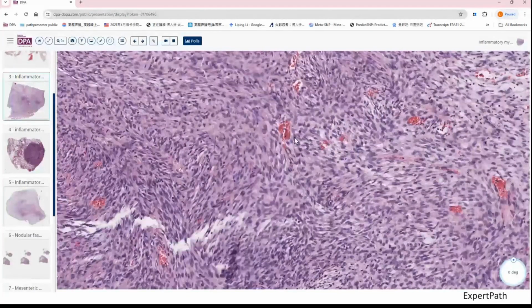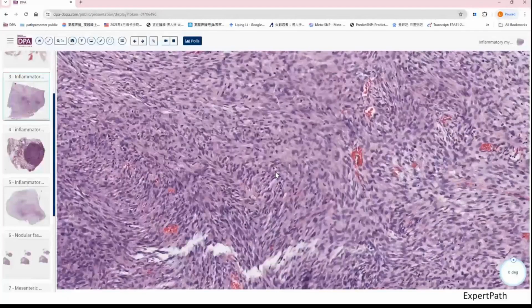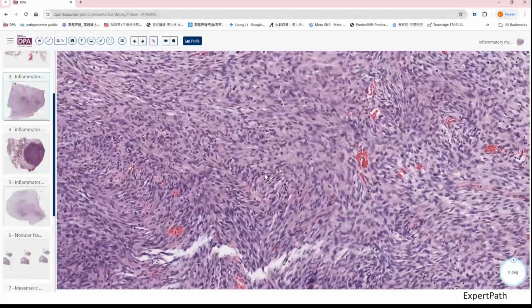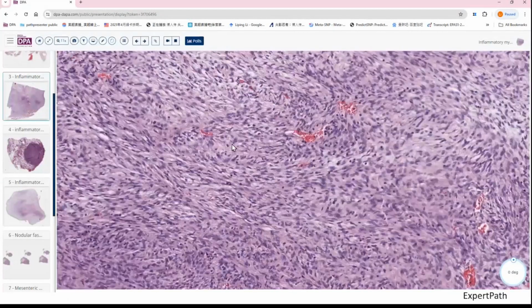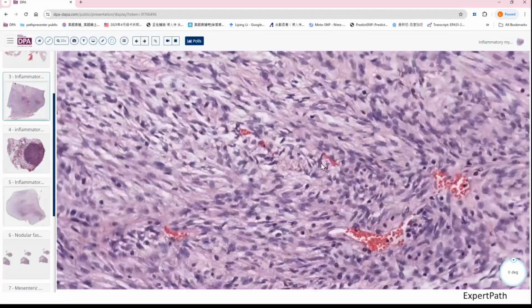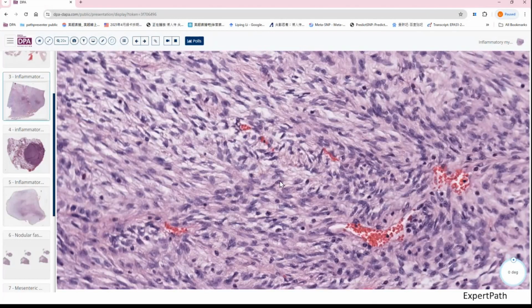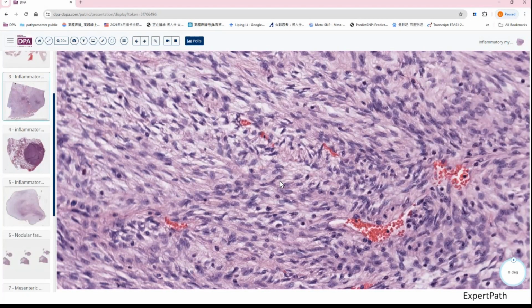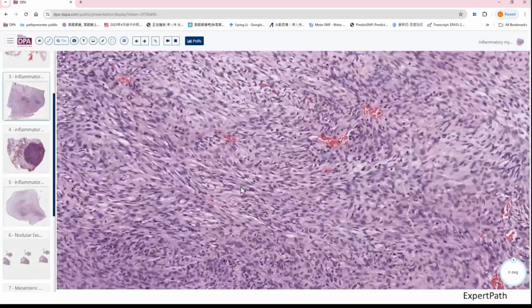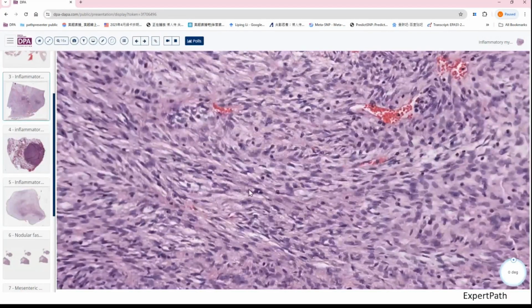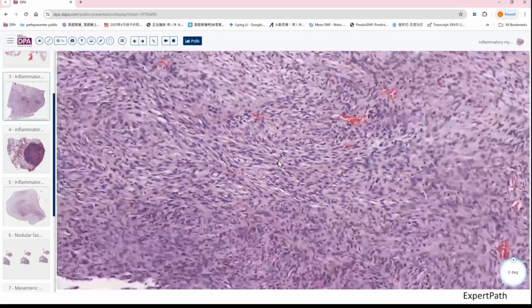That means if you take out all of the reactive blood vessels, red blood cells, and inflammatory cells, what you are left with is these characteristic spindly fibroblasts. That is true IMT, because in a pseudo-inflammatory proliferation, when you take out all of this granulation tissue, not tons of myofibroblasts are left, so that is not an IMT.